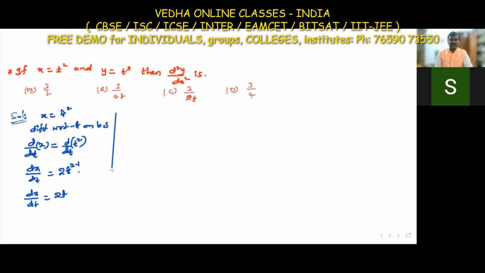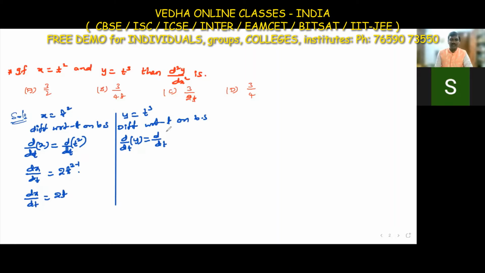Now what is given for y? Here the y equation is given as t power 3. Differentiating this equation also with respect to t on both the sides, d by dt of y is equal to d by dt of t cube.